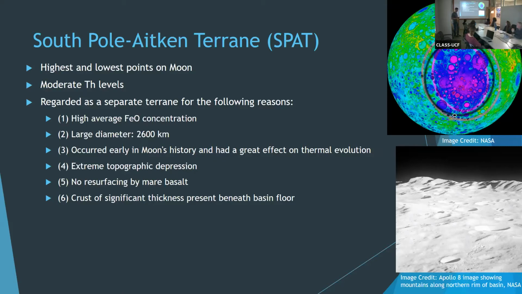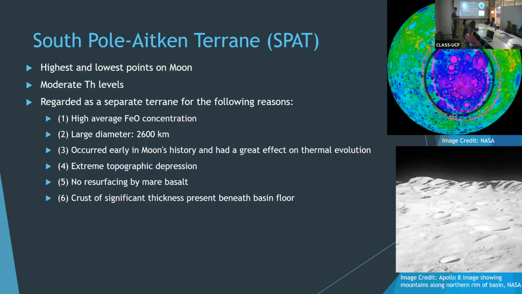It also occupies a very broad region of extreme topographic depression, as well as the mountains, which differentiated it from the surrounding terrains. Despite what we were talking about earlier with the thinning crust and its depth, there has been really no significant resurfacing by basalts.